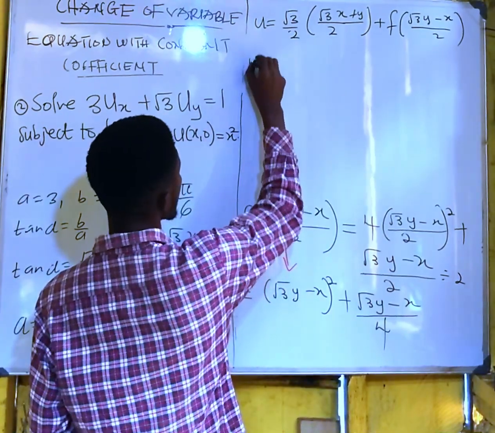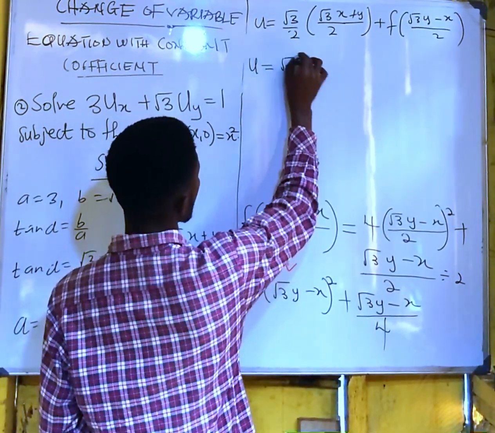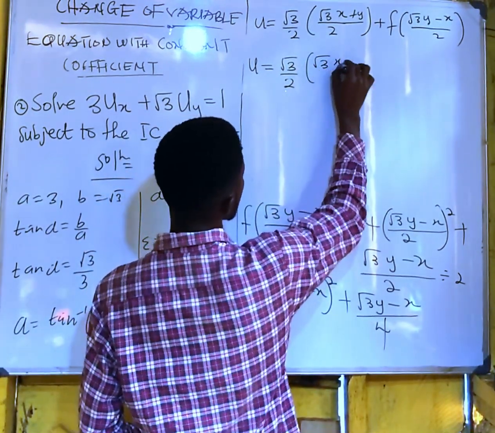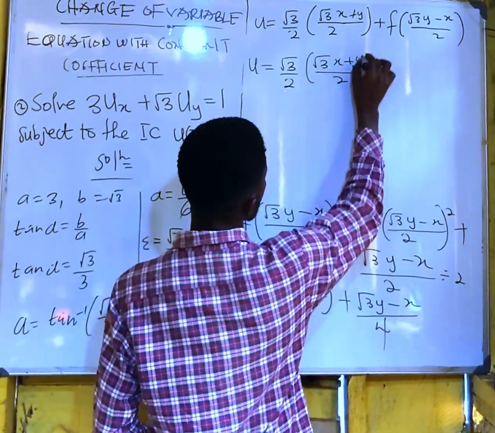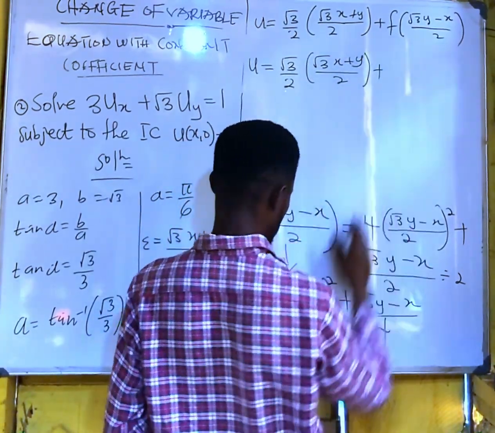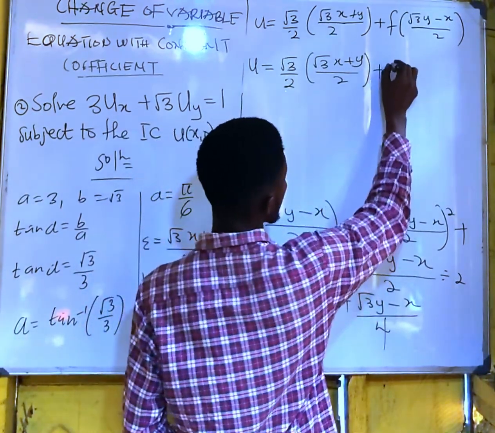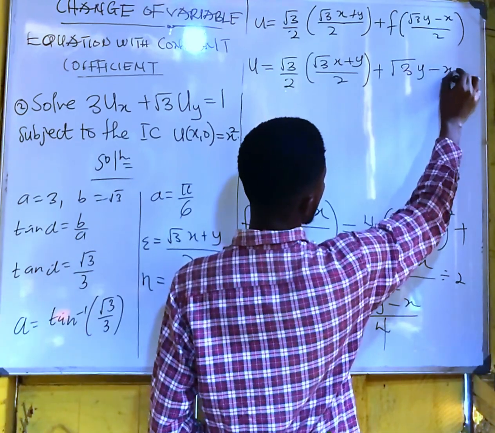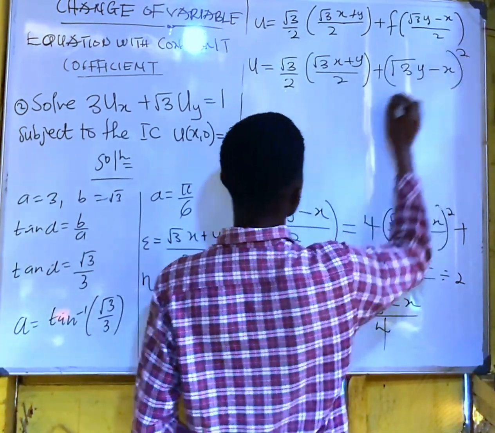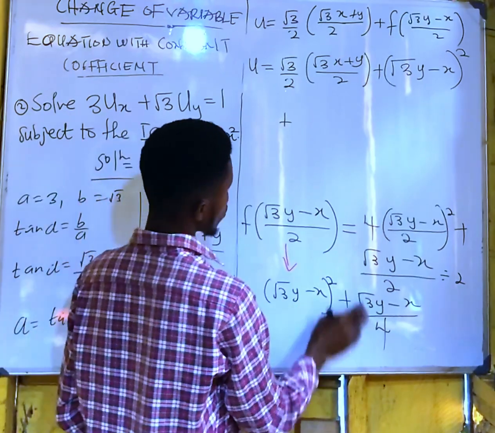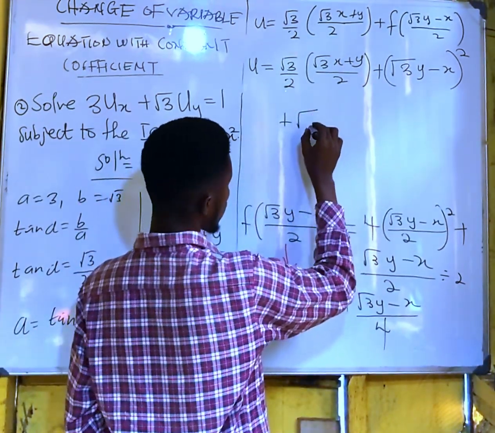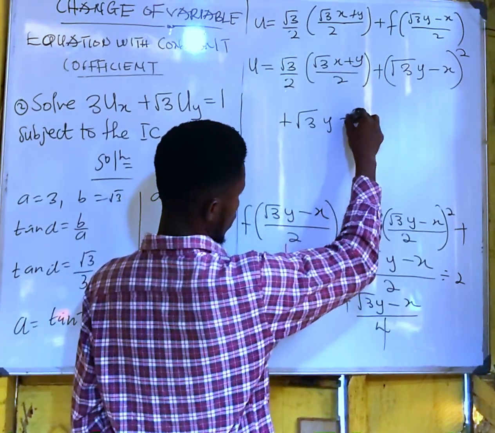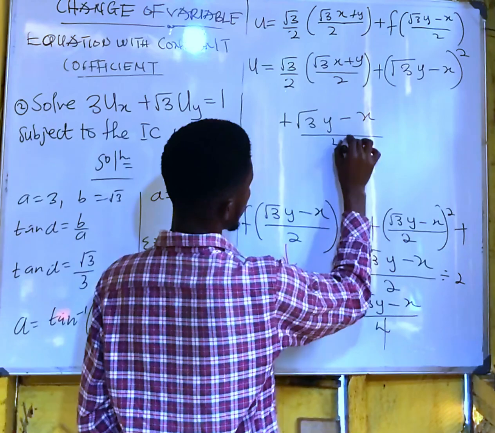It's now going to be root 3 over 2 bracket open root of 3x plus y over 2, plus, now the whole of this is now all this. So I'm going to have root 3y minus x all squared, plus this one, which is root 3y minus x over 4.